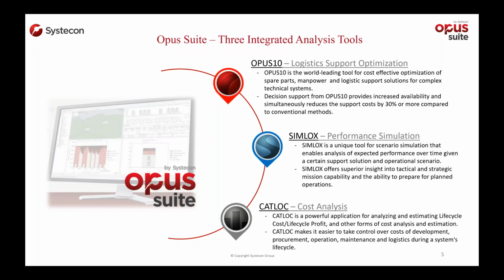We can then run an entire array of simulations and SimLogs that allows us to understand how a particular solution, whether it's optimal or not, will perform in some very discrete mission scenarios. So we load in our mission profile for our deployment and understand how that afloat spares package is going to perform, and then what costs are going to be generated through that operational profile as well.